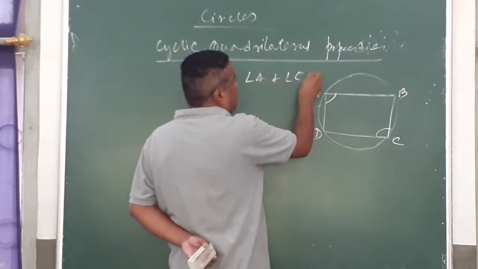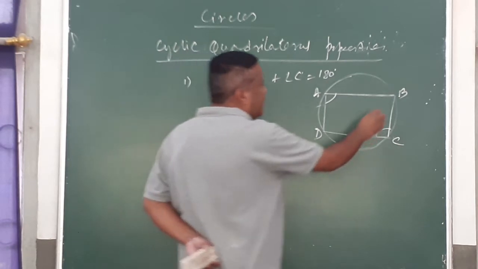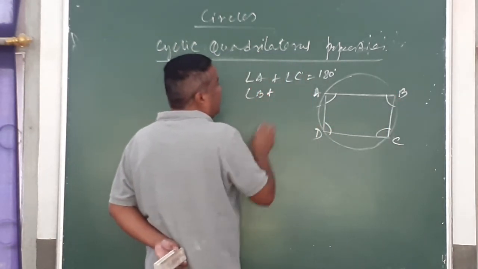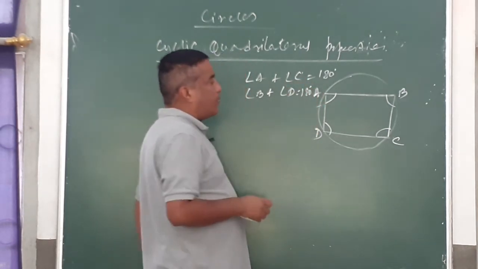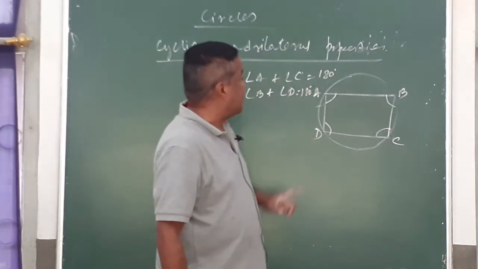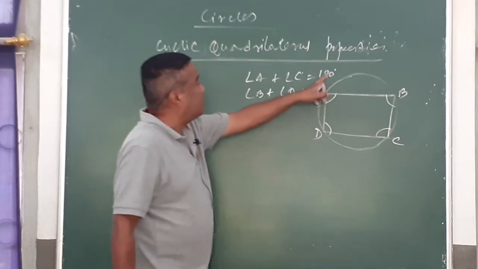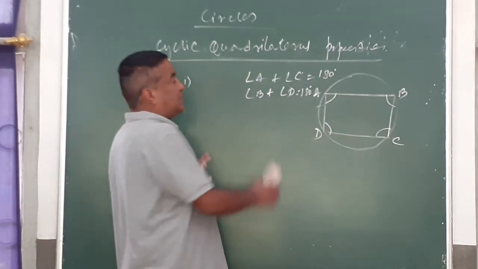Similarly, angle B plus angle D is equal to 180 degree. This angle and this angle, if you add, you have to get 180 degree.